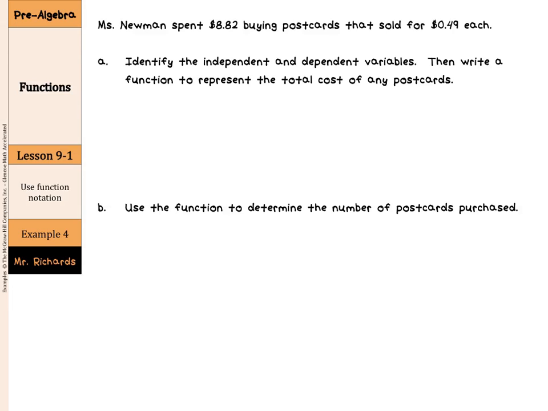Well, when we think about dependent versus independent here, the dependent depends on what the independent is. So what matters to what?